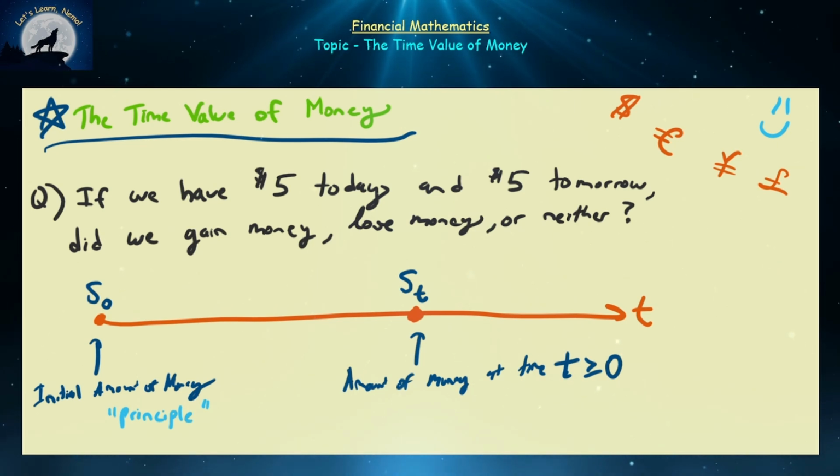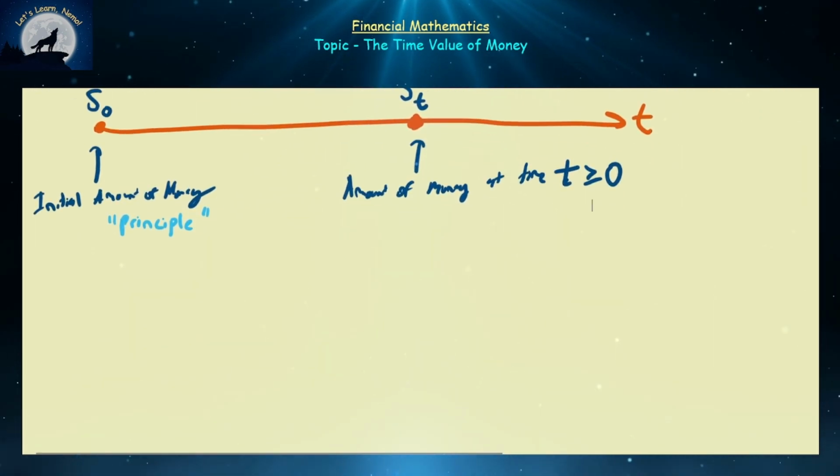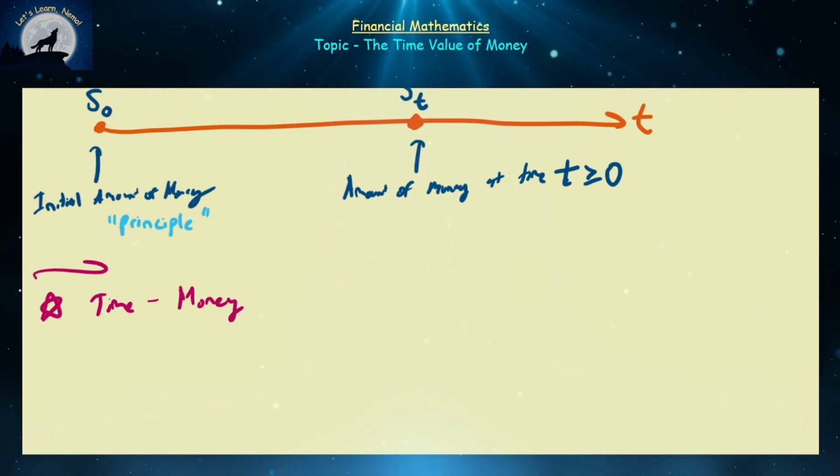Are these two things greater than or equal to, less than or equal to one another? Well, it really depends on your view of time, your view of money, and the relationship between these two entities. Most of the time, people will view time and money as equal or similar ideas. In particular, with the very cliche statement, time is money.